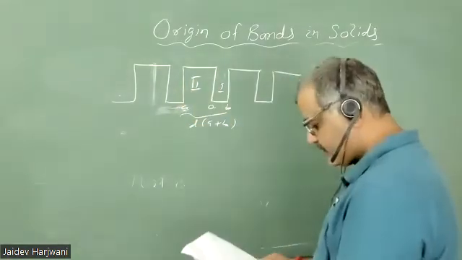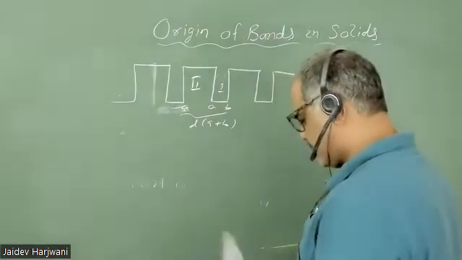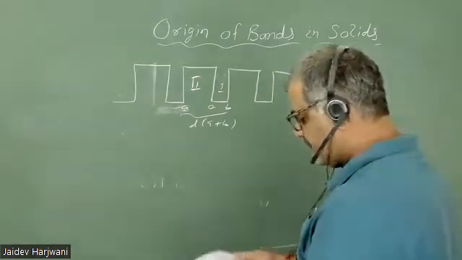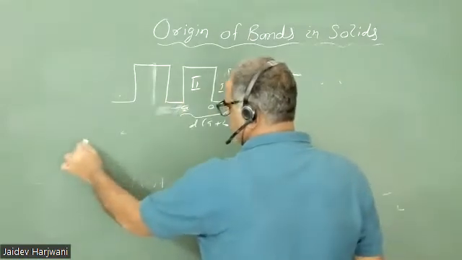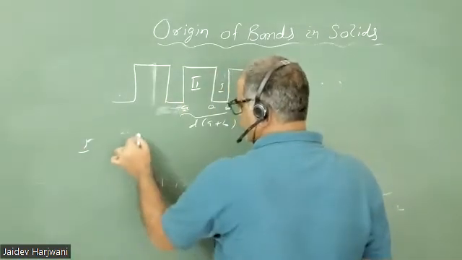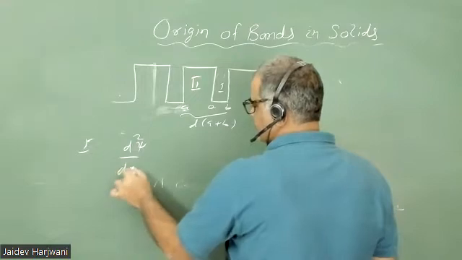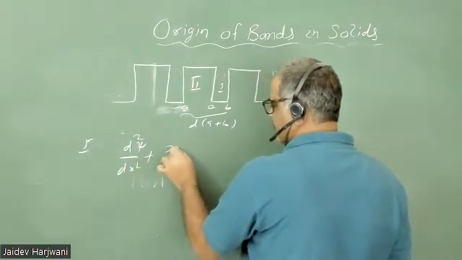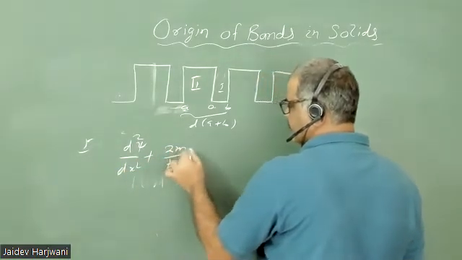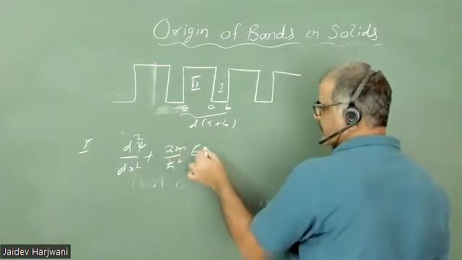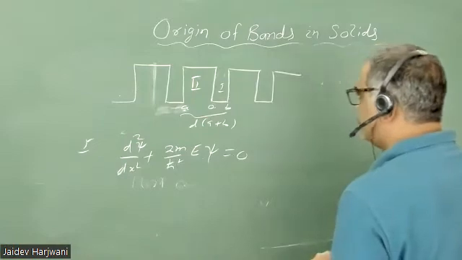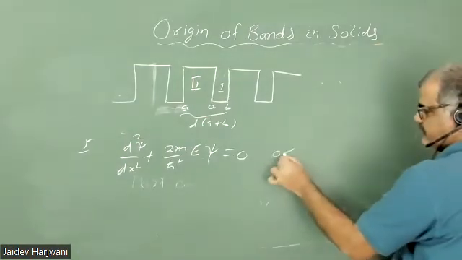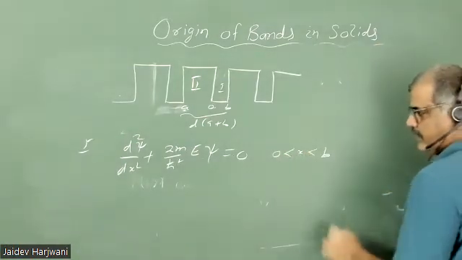Now if I write the Schrodinger equation, how can I write the Schrodinger equation? Please write the Schrodinger equation. Now in this region 1, I can write the Schrodinger equation: d2 psi dx square plus 2m upon h cut square E psi equals 0, because here there is no potential, and x varies from 0 to b.